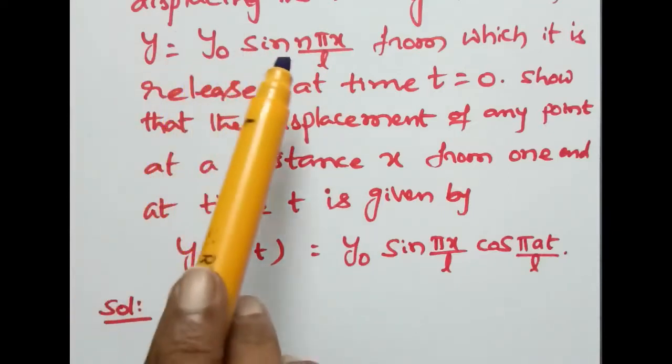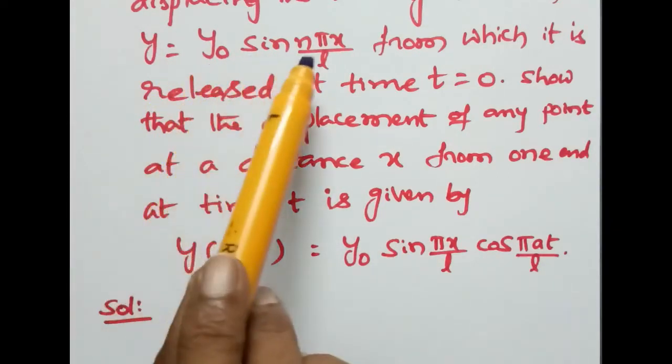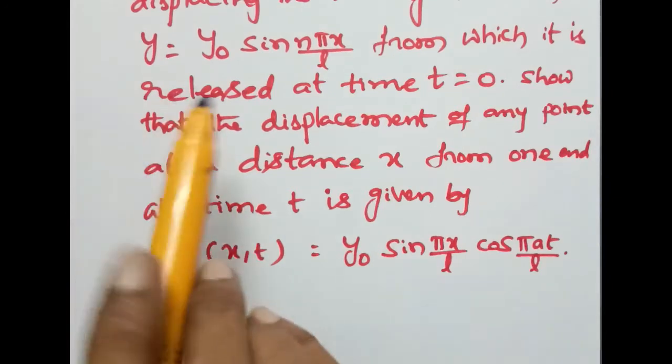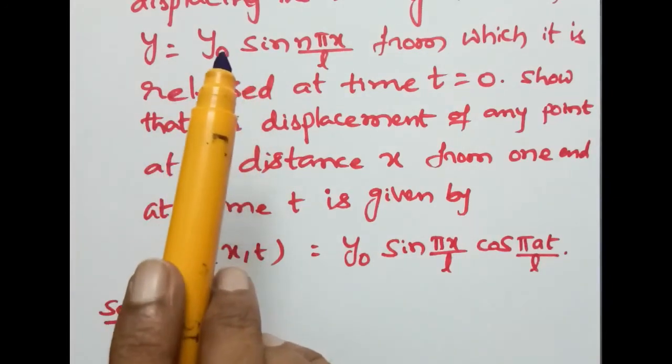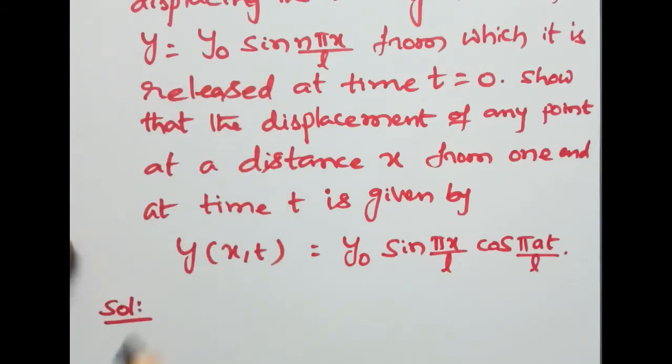Instead of that, here it is given that y naught sine n pi x by L. This is the only difference between the previous problem and problem number 2. The remaining is the same.